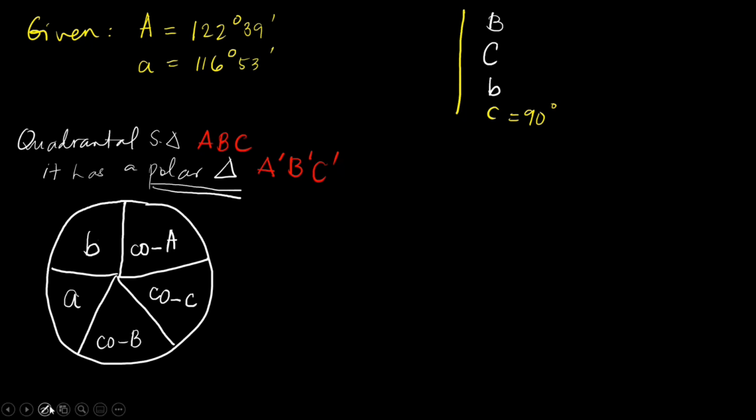Now, since these parts are parts of the polar triangle with the primes, the parts of this circle will have prime also, like this. Okay, so we are done with the circle now.